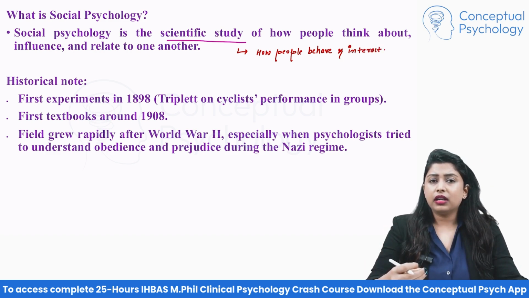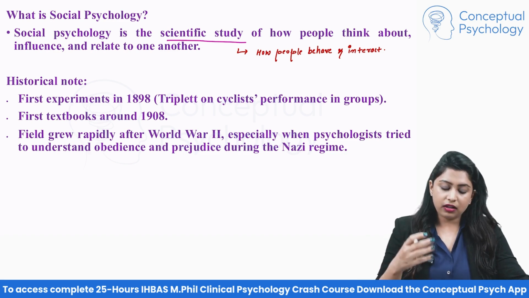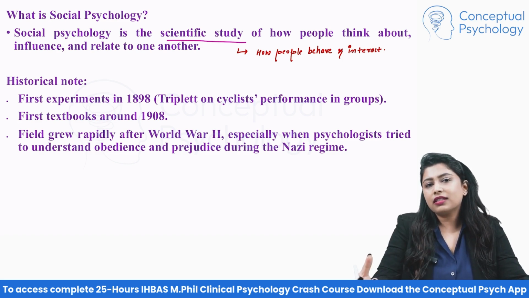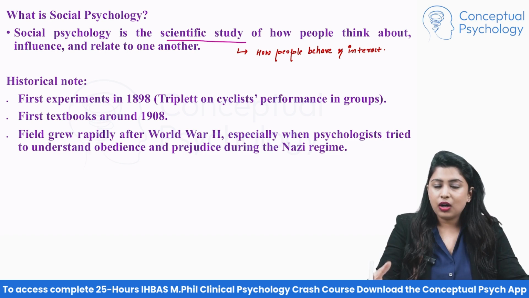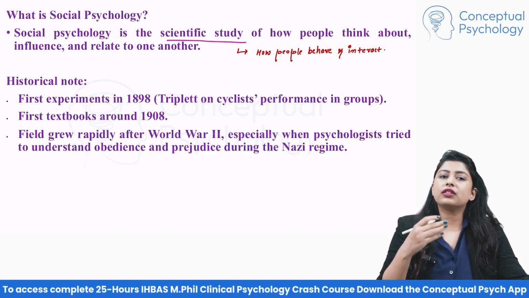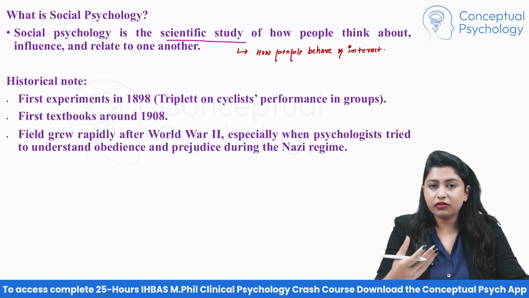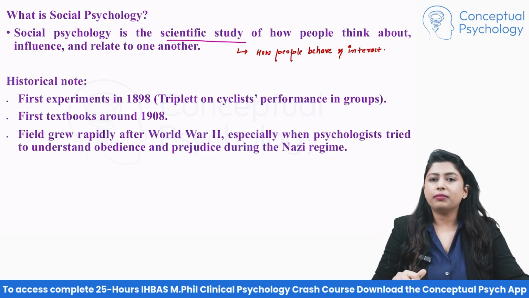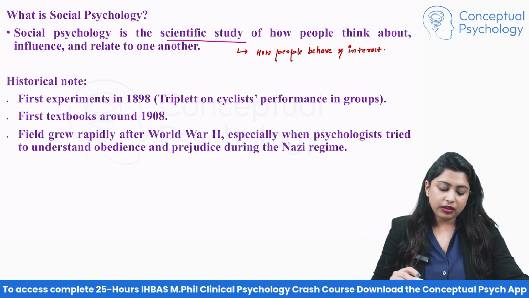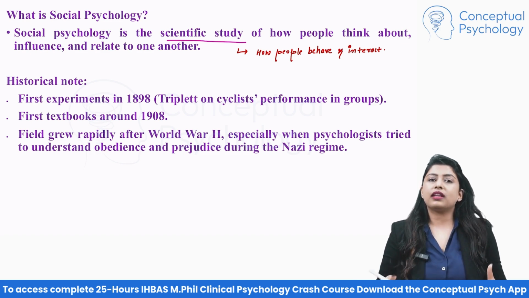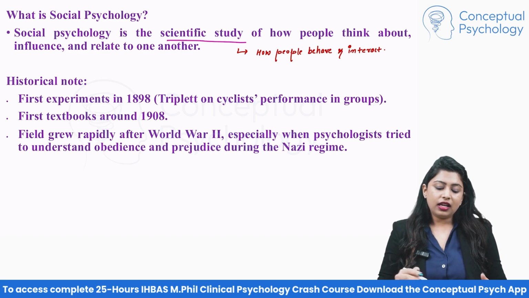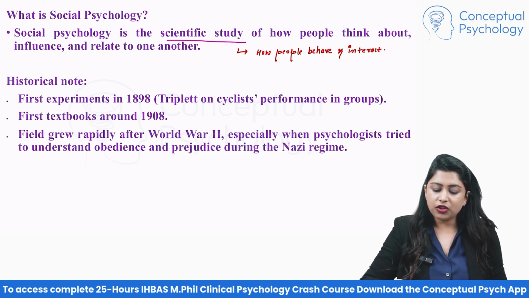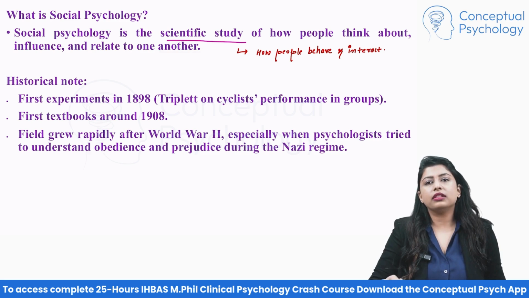For example, if we want to know why a crowd cheers during a cricket match, a sociologist may study group norms or culture, while a social psychologist would study how each individual feels influenced by others to cheer for the match. Now, in the history of social psychology, the first experiment was done in 1898, by Triplett on cyclists' performance in groups.